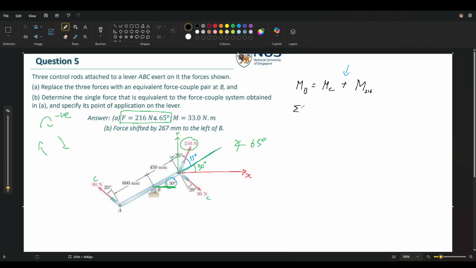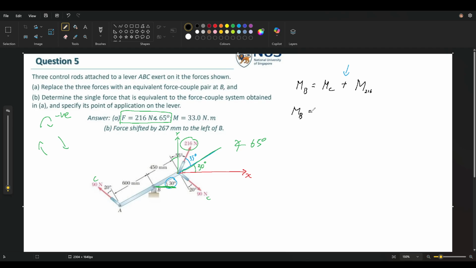Oh, sorry. We're not finding equilibrium. We're finding moments. So, moments about B equals to couple. So couple is what? 90 times D, right?